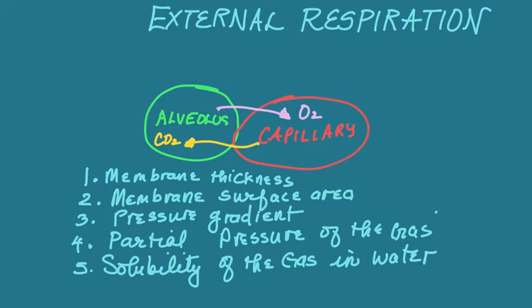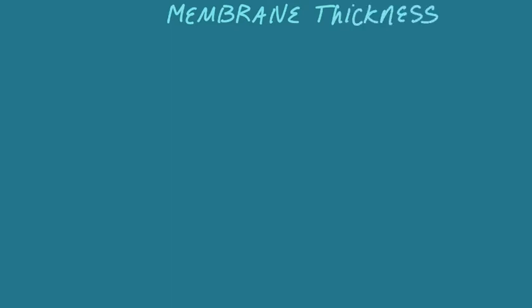These last 2 factors, partial pressure and solubility, come under Henry's law, which we will talk about a little bit later. Membrane thickness is the one factor that when it increases, it actually decreases the speed of diffusion.